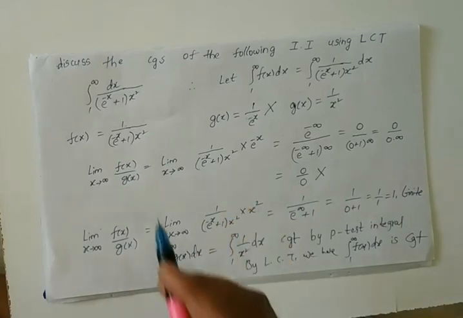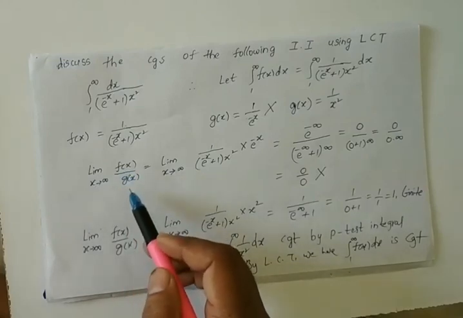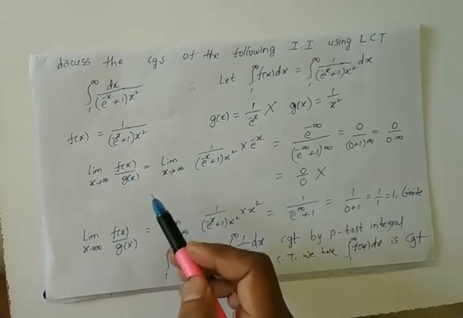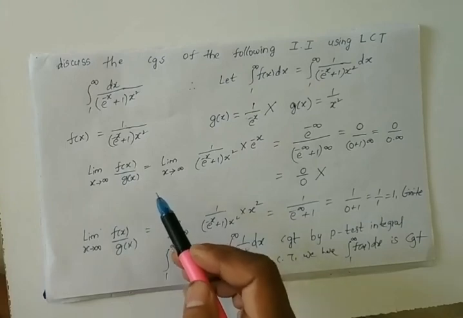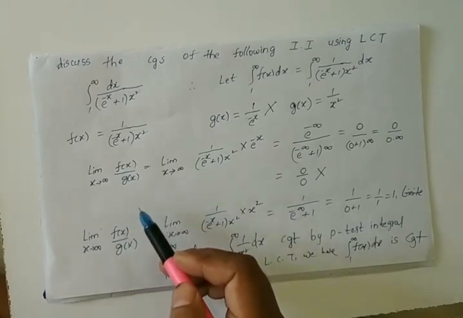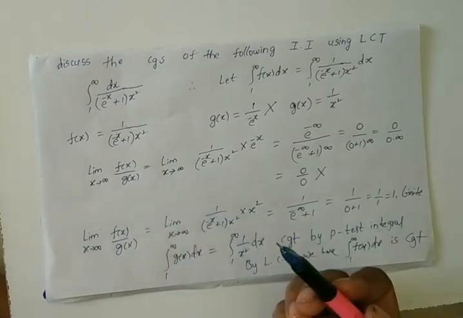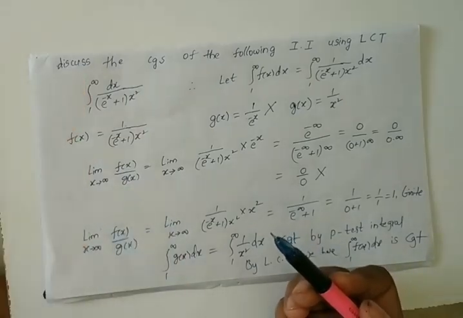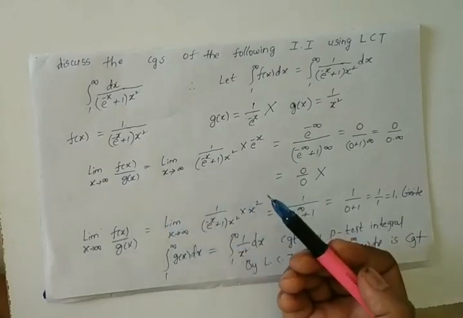Suppose limit x tends to infinity f of x by g of x is not finite, then in this case, you can choose another function g of x. Next, we have to check whether limit x tends to infinity f of x by g of x is finite or not. If finite, no problem. If not finite, then we can choose another function g of x and check the condition again.